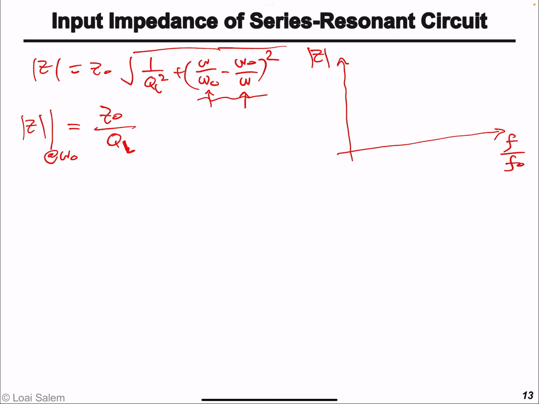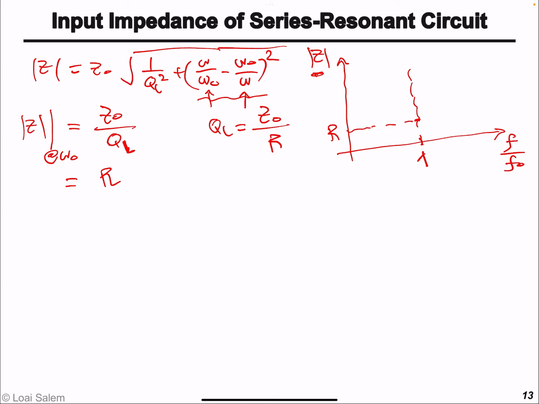And we said that the loaded quality QL is equal to what? The ratio between the characteristic impedance and the resistor R. And so this will equal the resistor R. So at the center frequency, we'll find that the amplitude of the impedance of the RLC is equal to R.